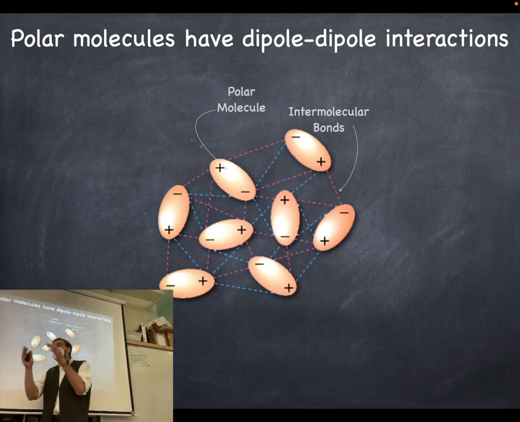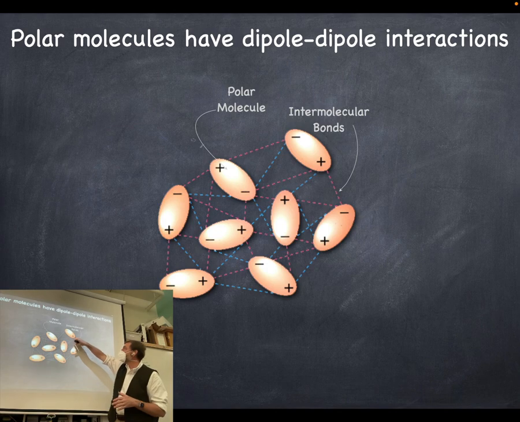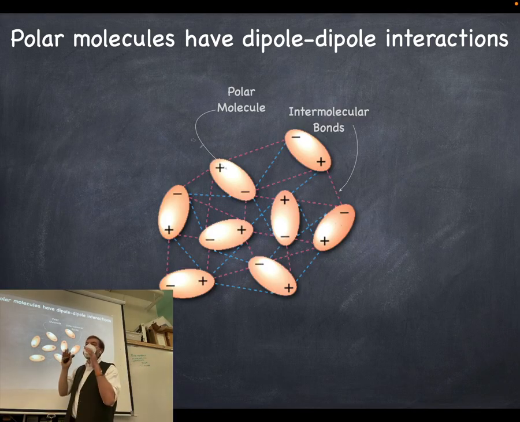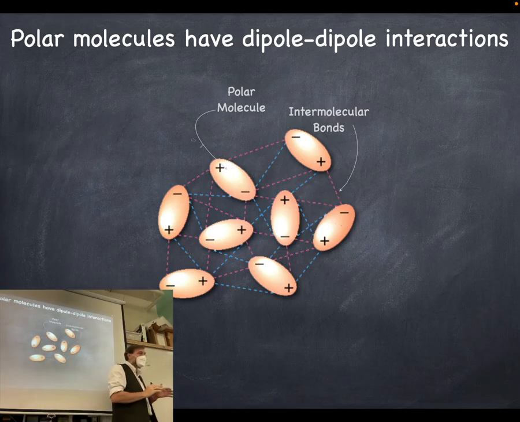That is an intermolecular force, which can sometimes be called an intermolecular bond, as we'll see in a few minutes. So this intermolecular force, which exists between these polar molecules, is known as a dipole-dipole interaction. That's the term, the name that you are expected to know.